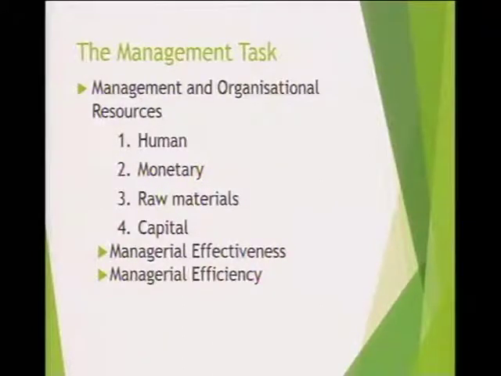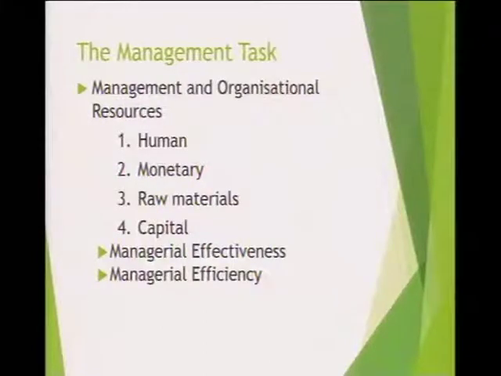Management looks at the resources, the organizational resources. Management resources are mostly four in an organization. There's what you call human resources, monetary resources, which is financial resources, the raw materials that you use to produce your products or to provide your services, and then capital. Now, capital is put into two: there's fixed assets and current assets.